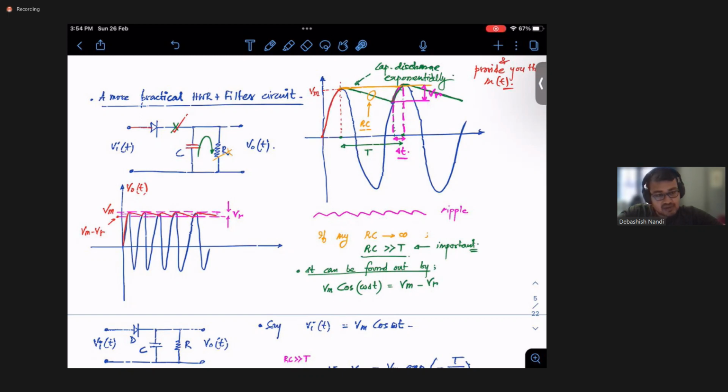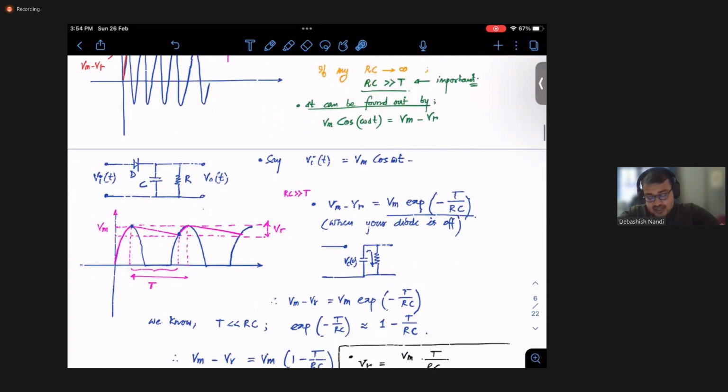So in that case, I will have a certain amount of ripples, which is more practical, but we do not want that. So how can we tackle that? We can tackle that if the RC time constant can be made much more than the time period of the input signal, right?